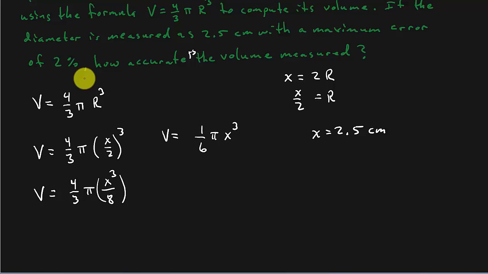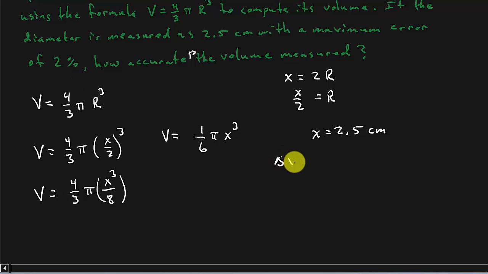The diameter. You see that? So what would be our error, our delta x? That would be 2.5 times 0.02, right? 2%. And so that is going to be 0.05.